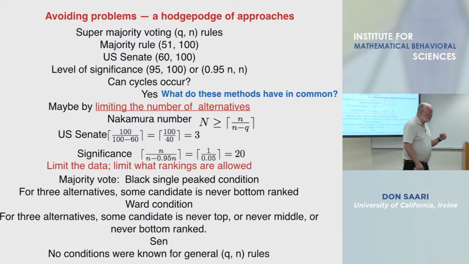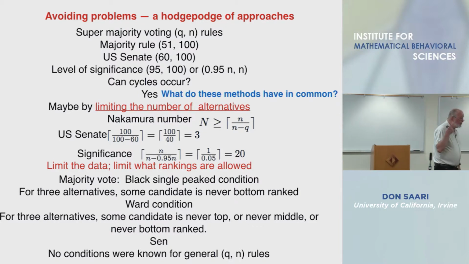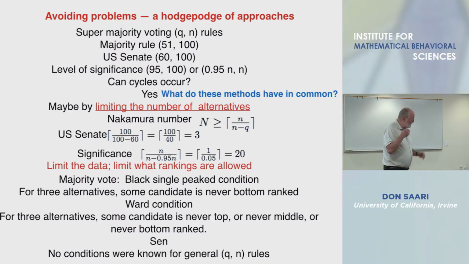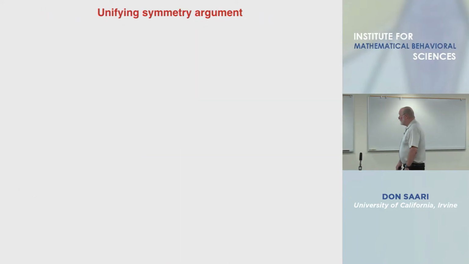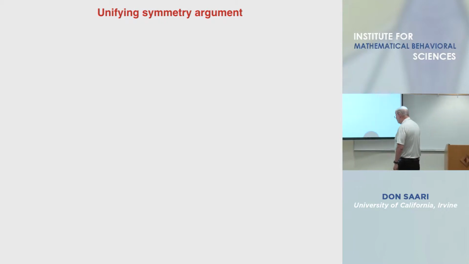If we understand the appropriate symmetry group, these and many, many other conditions, in fact almost all of the paired comparison literature where you have difficulties or are trying to create examples, become apparent. And so the unifying symmetry argument, I'm going to show you what it is.